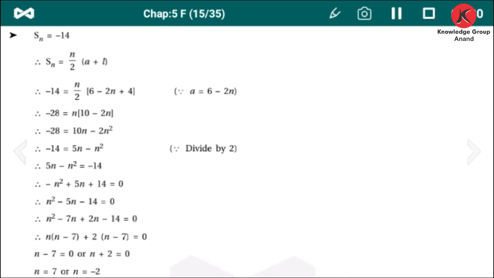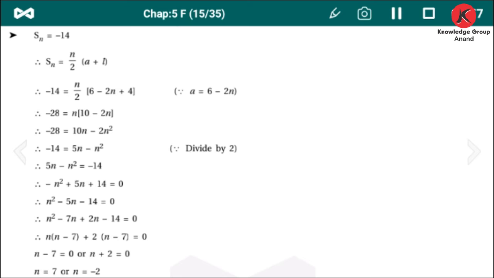Here we change all the signs, so n square becomes positive. n square minus 5n minus 14 is equal to 0. Now we need factors of 14 with difference 5: 7 times 2 is 14. So n minus 7 and n plus 2 are the factors of this.